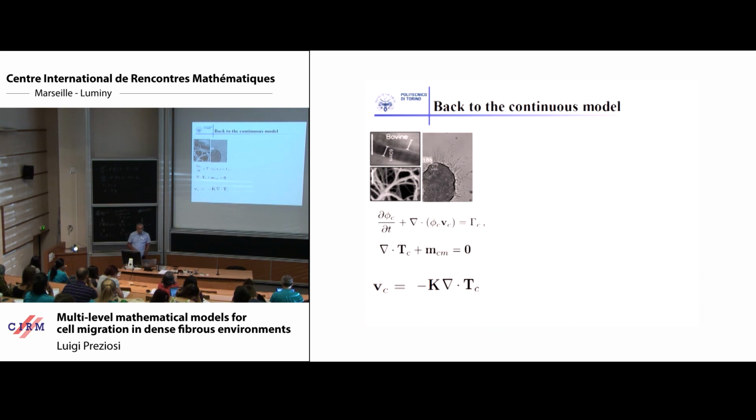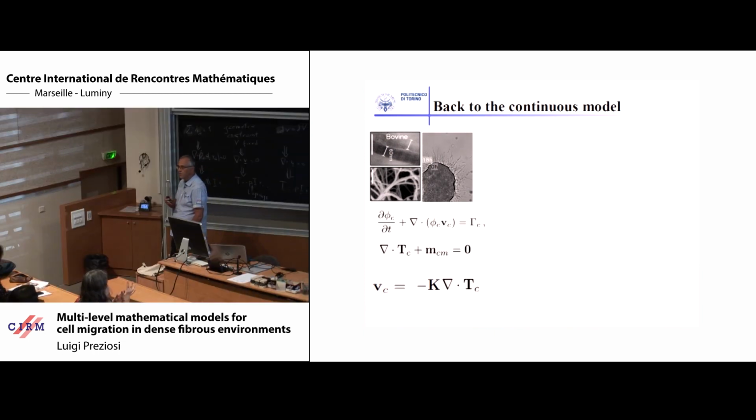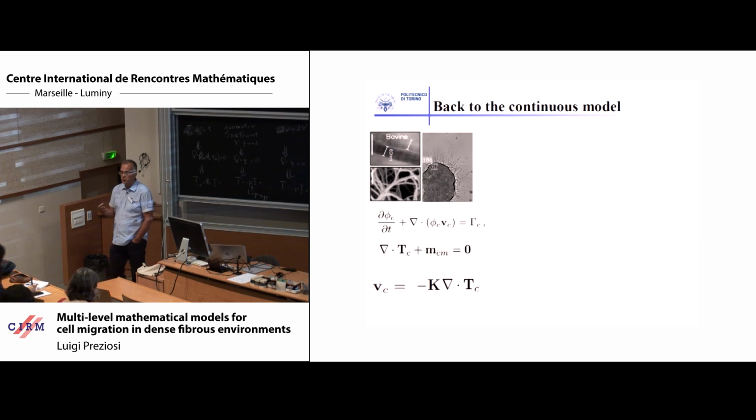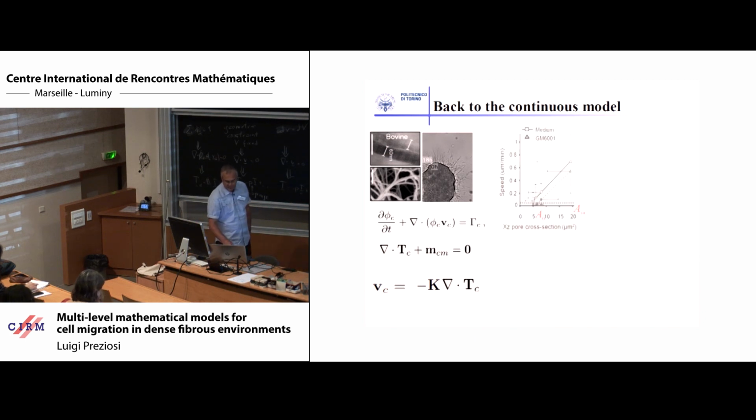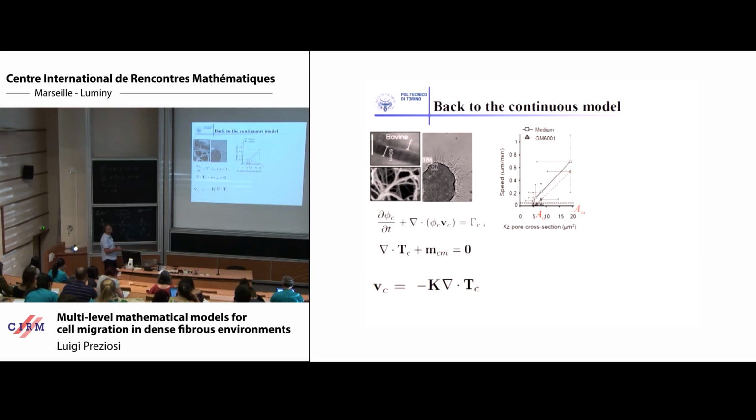But now I want to use what I learned from the microscopic picture, from the microscopic models, and from the experiment that I showed you at the beginning. In particular, I know that the speed is proportional to something, but there's a threshold value.